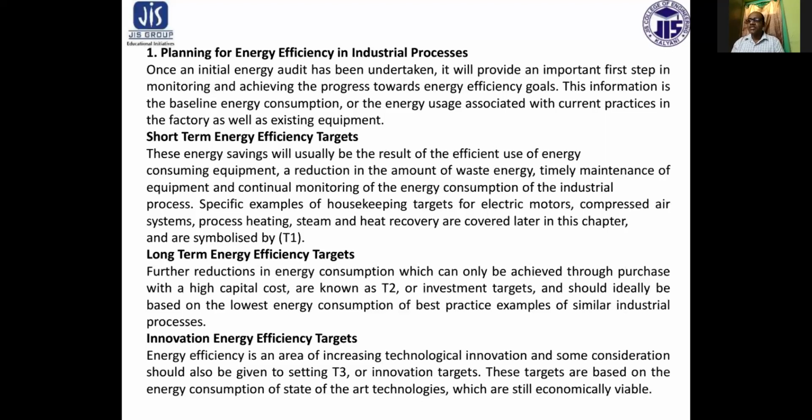The establishment of investment targets is a complex process. It requires a large amount of technical knowledge of similar industries, the options available for energy savings through investments in new capital, as well as knowledge and skill in economic modeling.